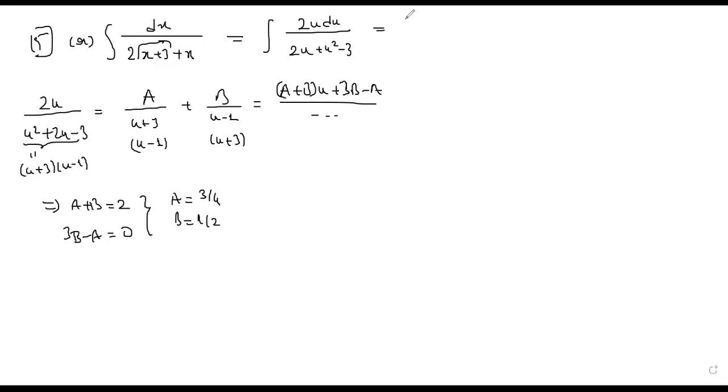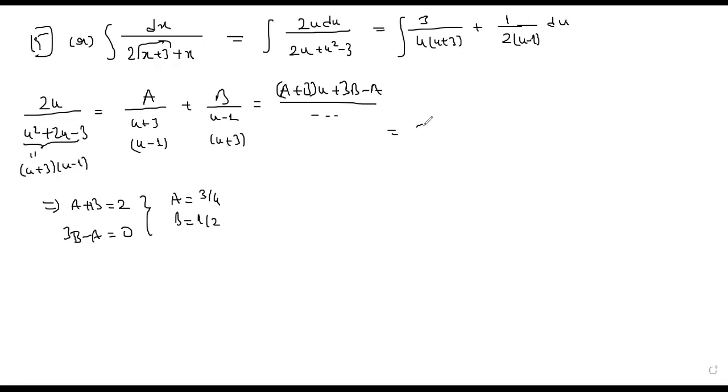So let's write it here. What do we get? a is equal to 3 over 4. So we have the integral of 3 over 4 times 1 over u plus 3, plus 1 over 2 times 1 over u minus 1, du, right? Okay, and you know the rest.